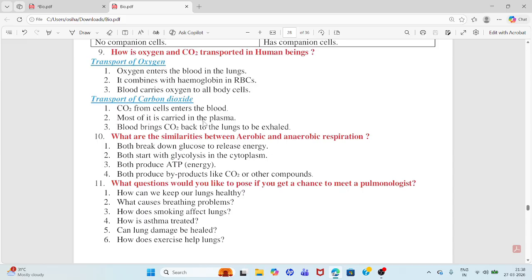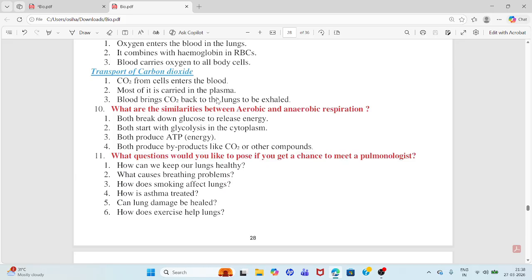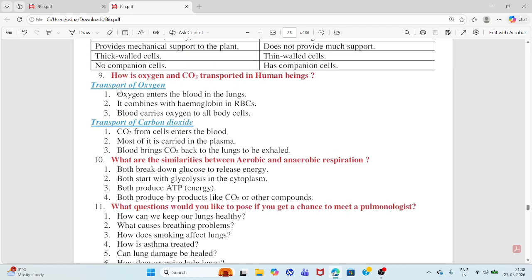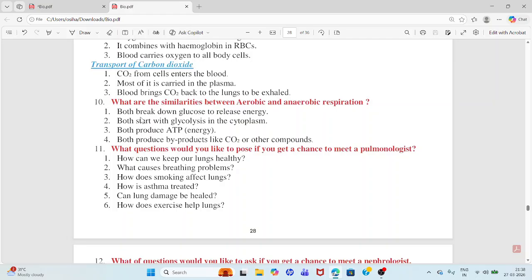Most of it is carried in the plasma. Blood brings carbon dioxide back to the lungs to be exhaled. So, this is the process and the answer.